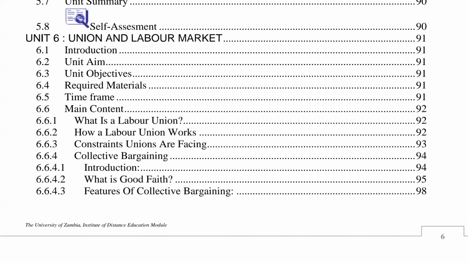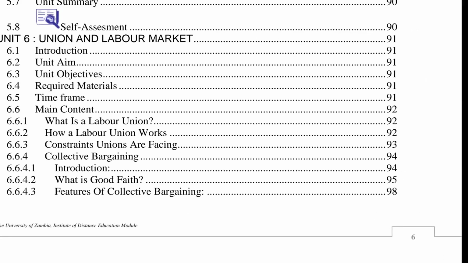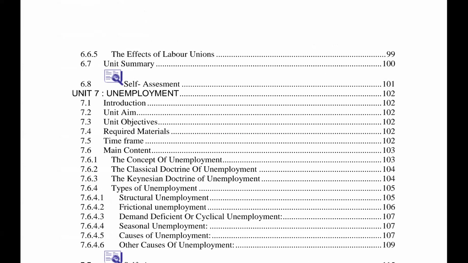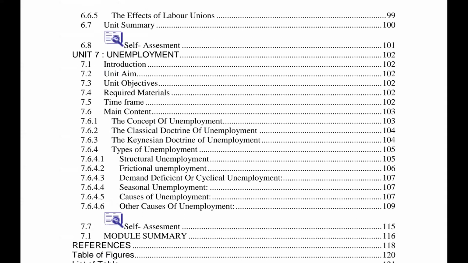Here, we just want to understand what a labor union is, what it does, how it works, what really constrains these unions, and what problems they are facing. We'll study the idea behind collective bargaining, looking at the features of collective bargaining and the effects of labor unions, what they actually influence, what they do.